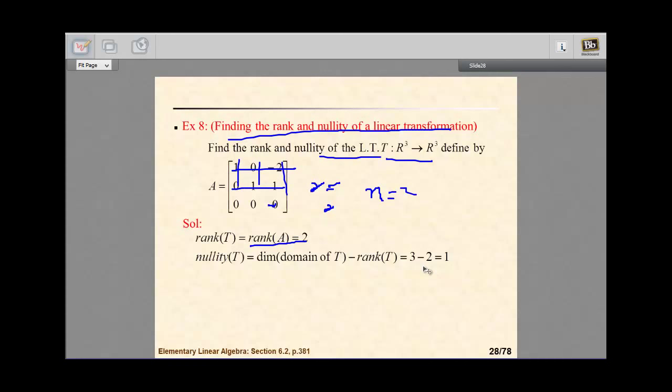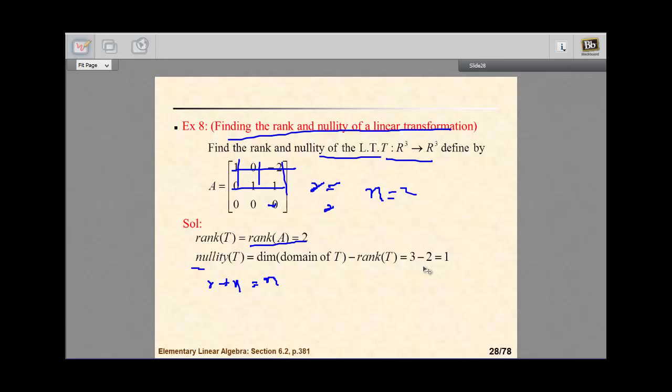So we know the theorem: rank of A plus nullity of A is equal to n.